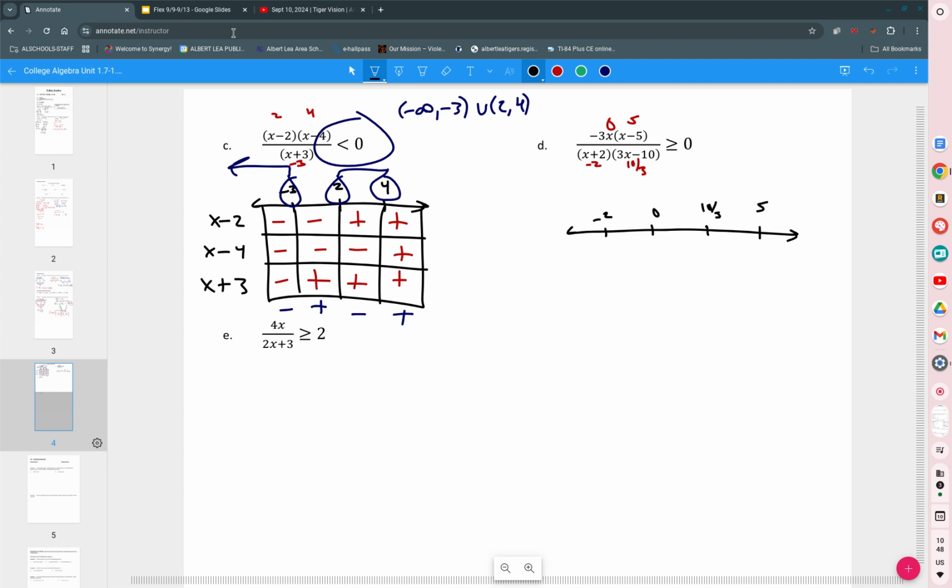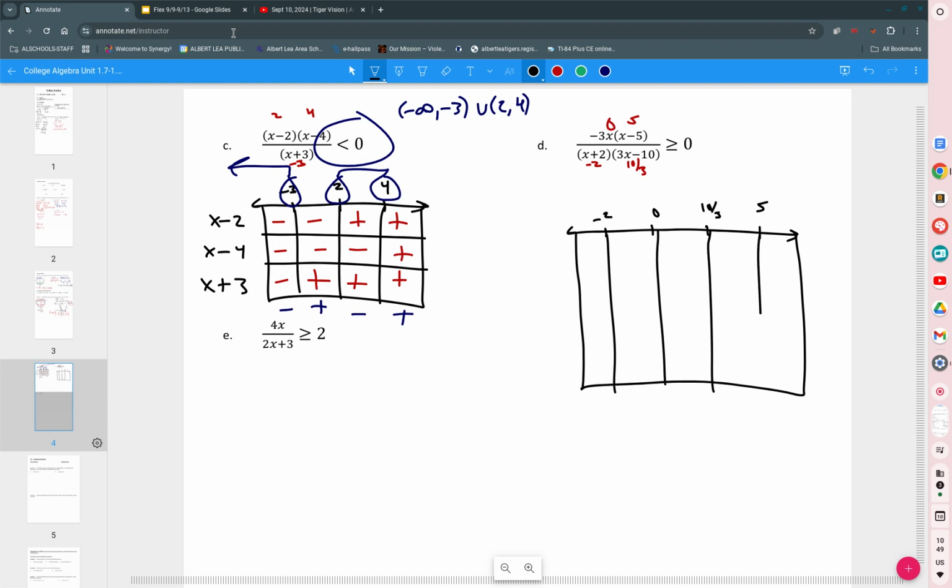If I have 4 numbers up top, how many columns will I have? 5. How many rows? 4.